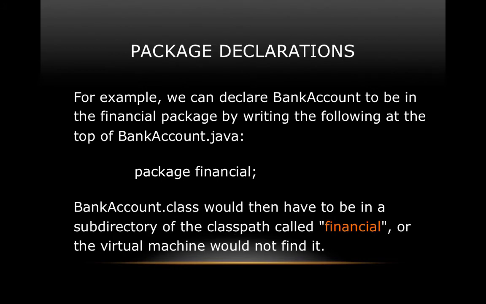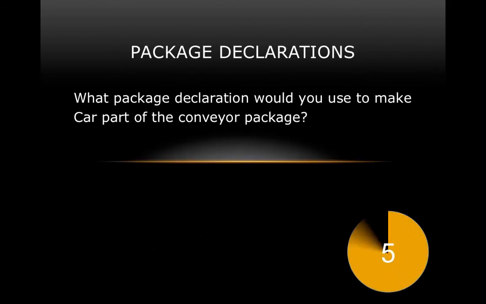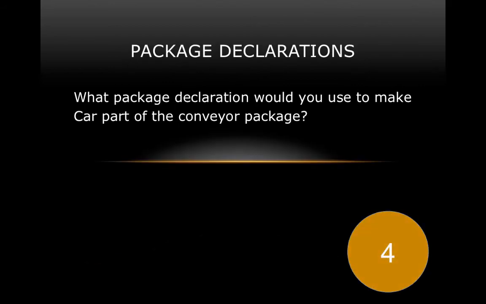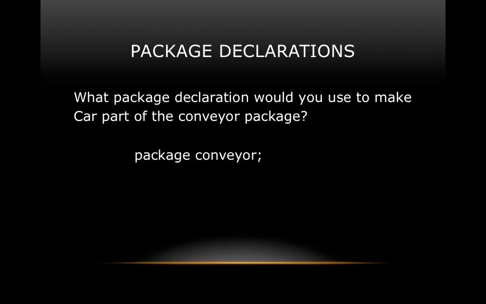Bankaccount.class would then have to be in a subdirectory of the class path called financial, or the virtual machine would not be able to find it. What package declaration would you use to make car part of the conveyor package? Package conveyor.